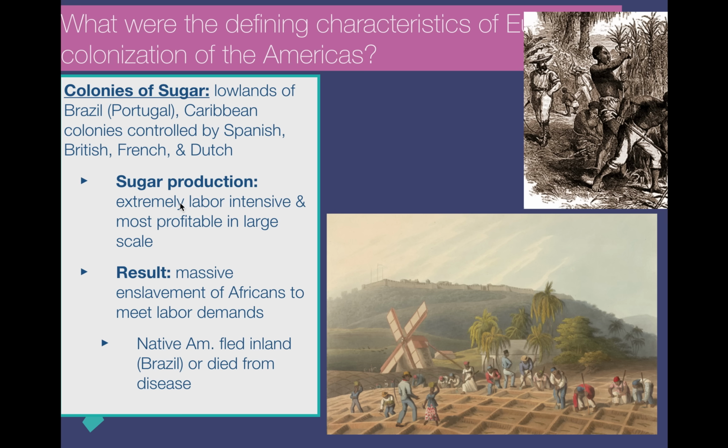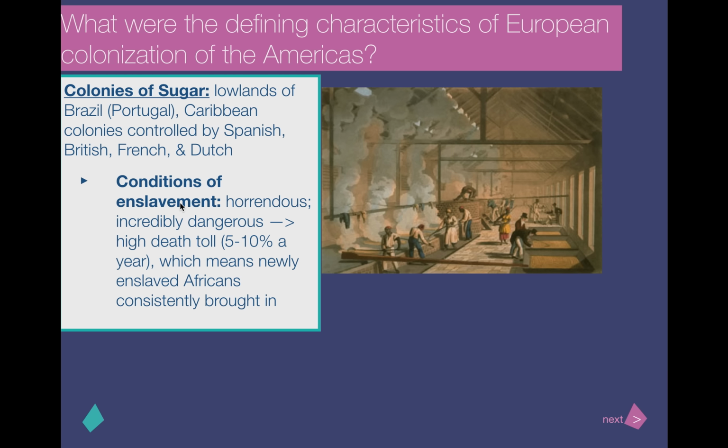That labor was initially sought from the native populations, as we saw, but in practice, what became the source of most of this labor was the massive enslavement of Africans to meet that labor demand. Most of the Native Americans in Brazil had actually fled inland, and we'll talk about that. They started these communities called quilombos, or these Native Americans had died. So Africans become the source of the labor, specifically in these Caribbean and sugar production regions.